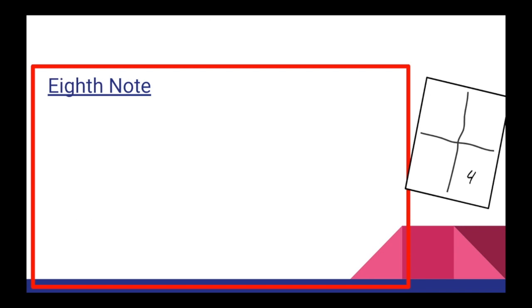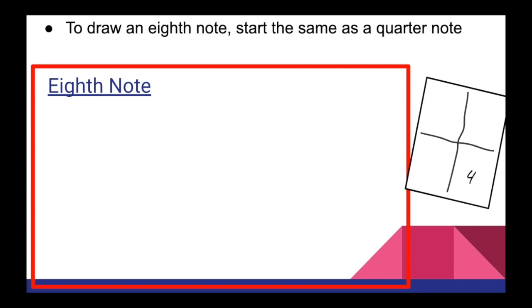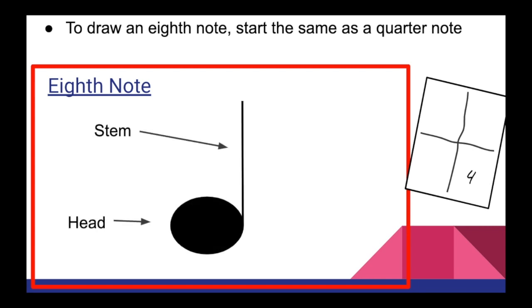Moving on to quadrant 4. Write the words eighth note. To draw an eighth note, start the same as a quarter note. You have a head that is shaded in with a stem, and then draw what's called a flag.